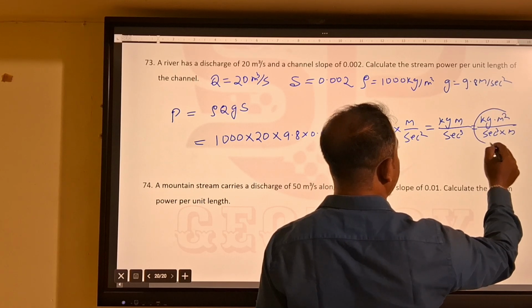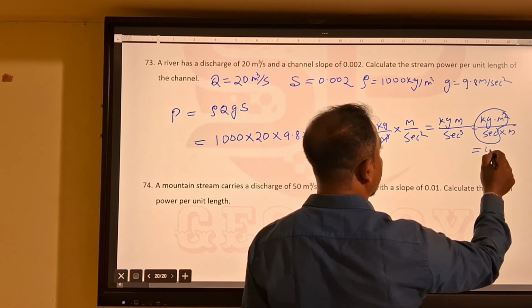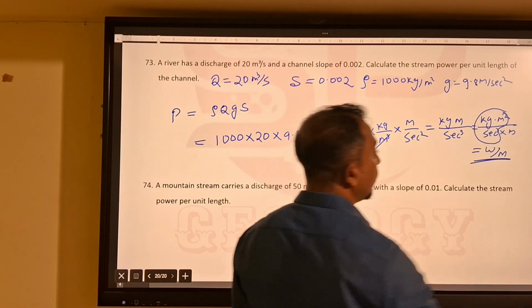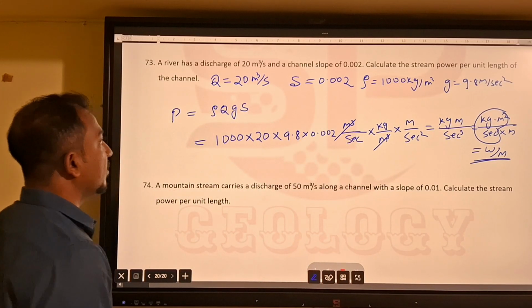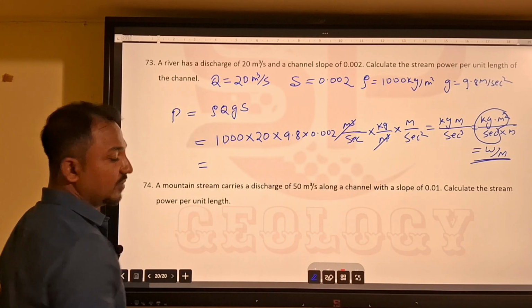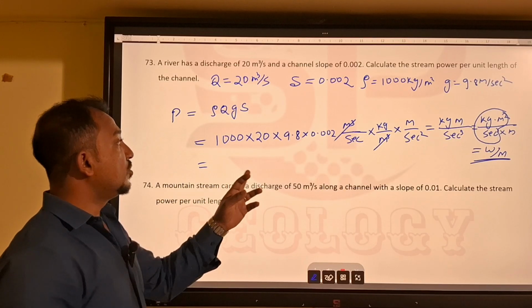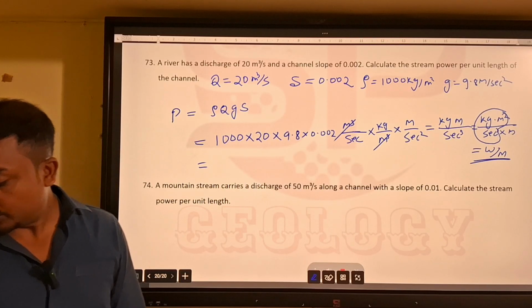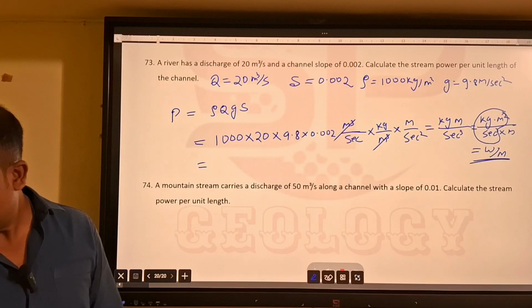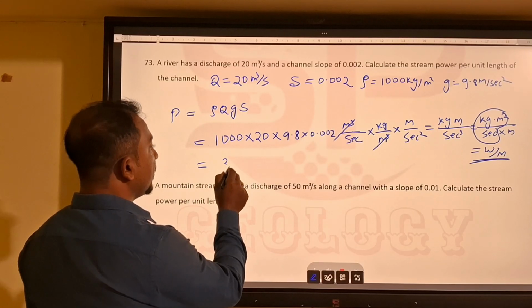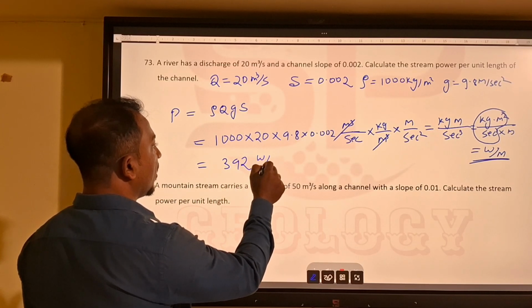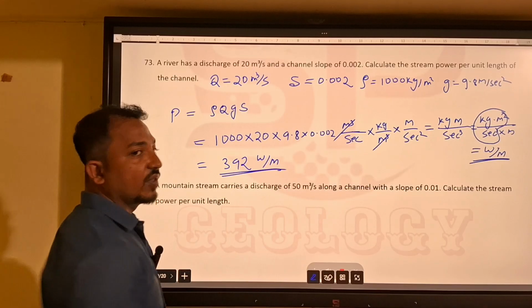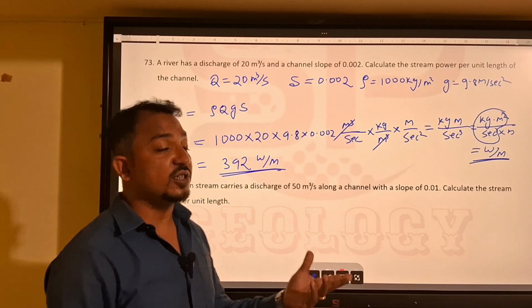So kg per meter square into second cube, it is what? Watt per meter. So the unit will be watt per meter. So let's solve this. 1000 into 20 into 9.8 into 0.002 will be 392 watt per meter. 392 watt per meter, that will be the stream power.